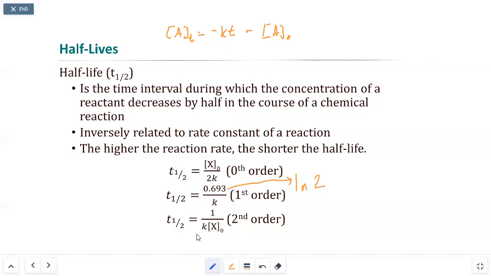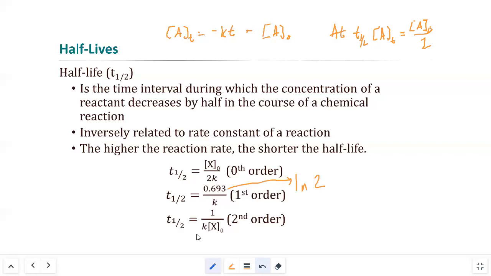Now, if we're at the half-life, that concentration at that given time is just half of the concentration initially.